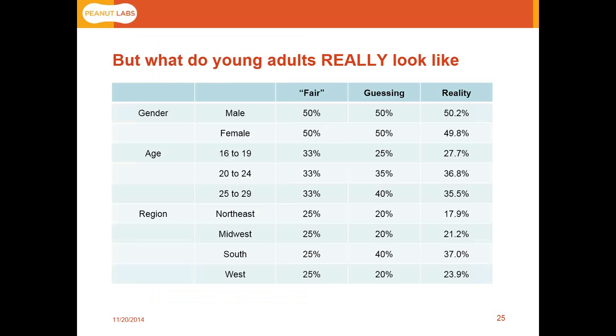But then when we look at real census data, we discovered that that number should actually be 17.9%. It doesn't seem like a big deal, but there are many cases where you just can't even imagine what the breakout should be. So now we've seen just how easy it is to get the right numbers instead of wasting your time searching the internet and asking your colleagues for their best guesstimate.